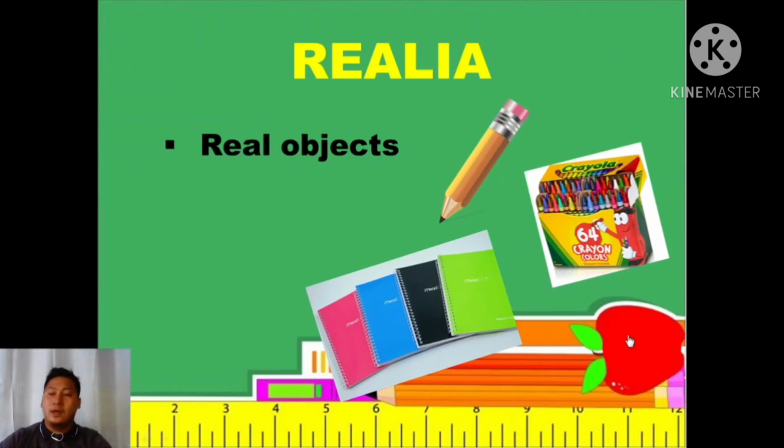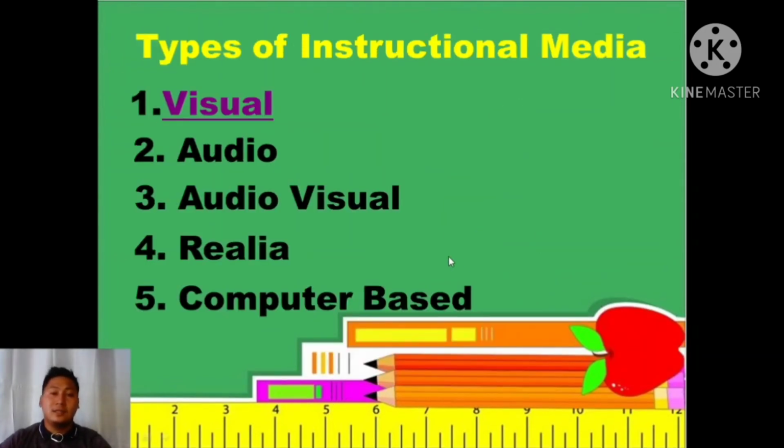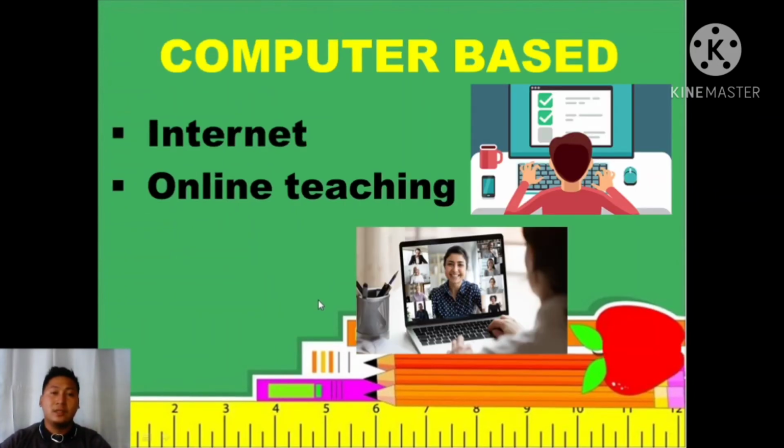And the last type of instructional media is the computer-based. So what is computer-based media? Computer-based teaching means using computers to control some activities of computer systems such as planning, teaching, measuring, learning, and recording data related to the students.